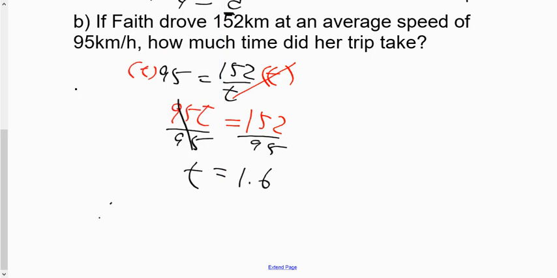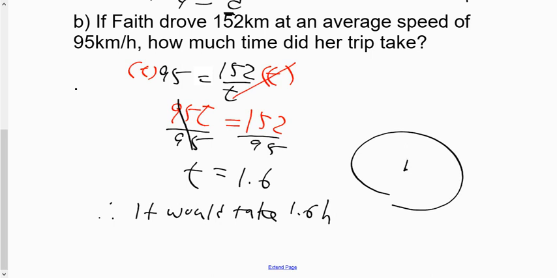Now watch, this is important. Therefore, the time it would take is 1.6 hours. Now, this is important that you understand what 0.6 hours really represents in minutes. So if I think about a clock, and I think about the distance around one loop, there are 60 minutes in an hour.